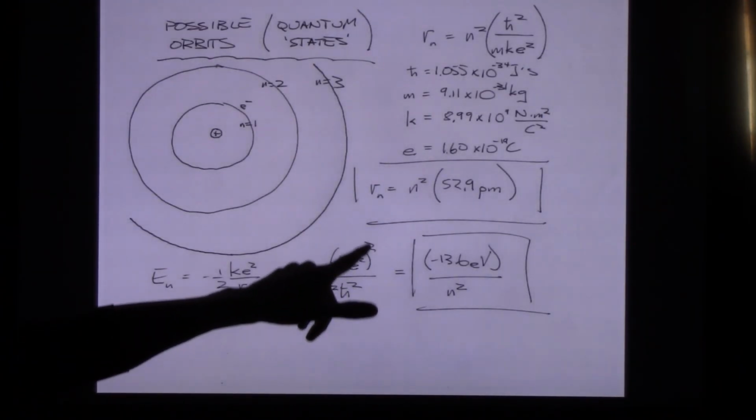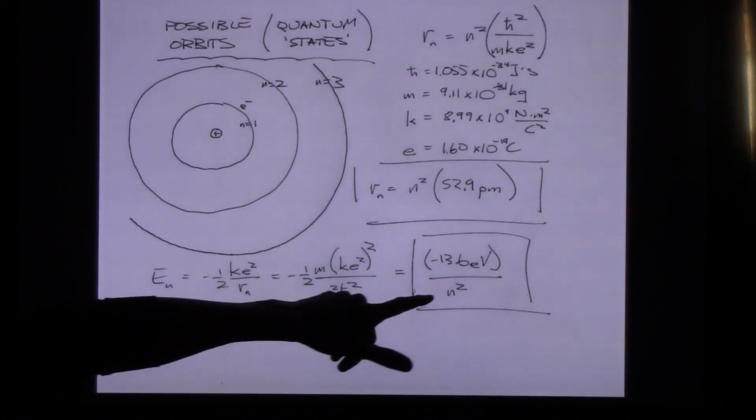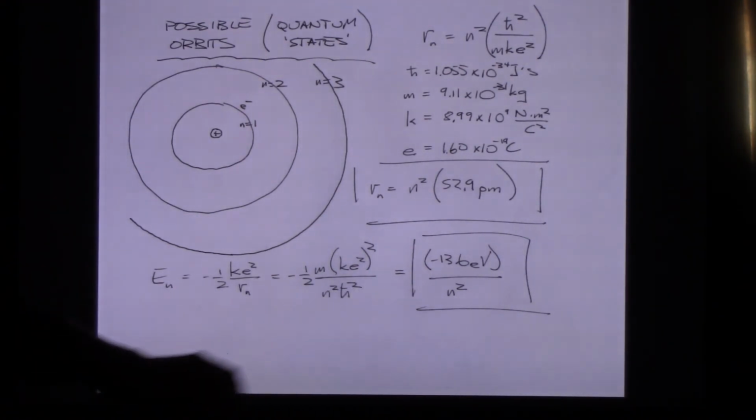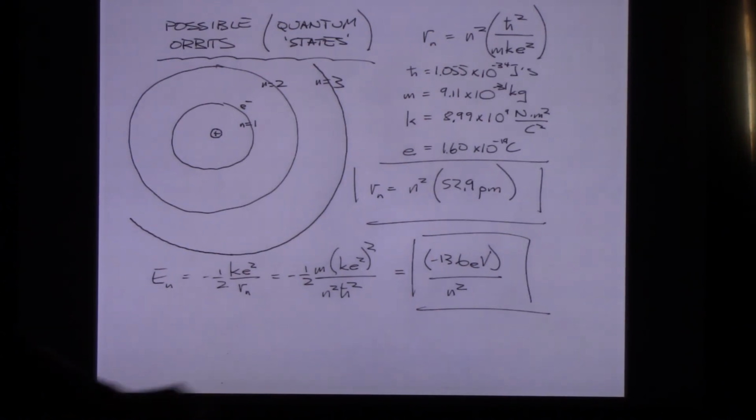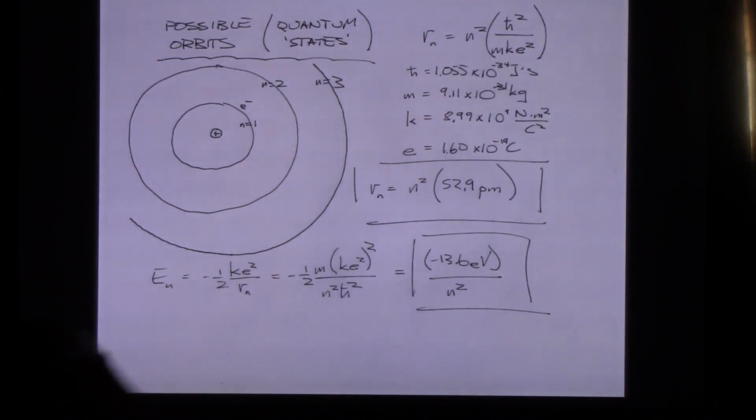This was the formula that Bohr derived for the energy of the different quantum states within hydrogen. Here is the formula, and here is the numerical evaluation of those quantum states. All right, very good. So we got through chapter 37. We're ready to move on to more detailed quantum mechanics.